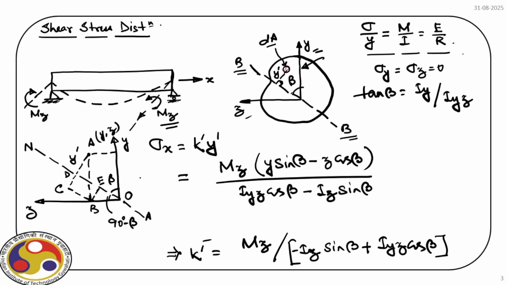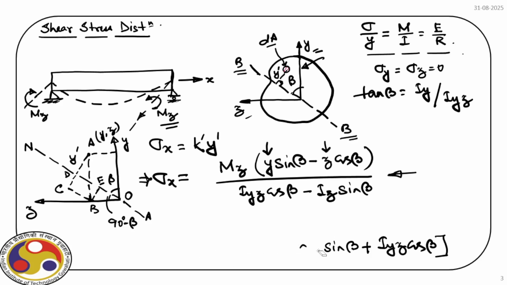And that is the expression of sigma x. Now you see, we can select any point in the yz coordinate system. So effectively we know the coordinates y and z, and then for any point above or below the neutral axis, we can use this expression to find out the bending stress for this section which is not symmetric and regular, right?